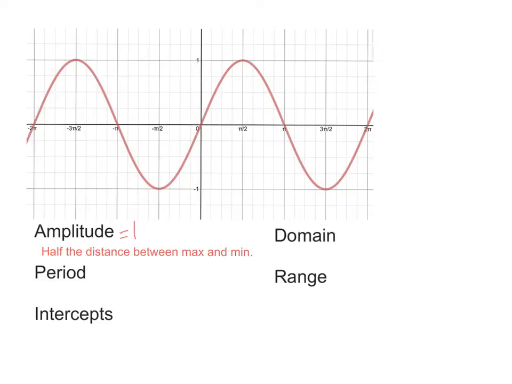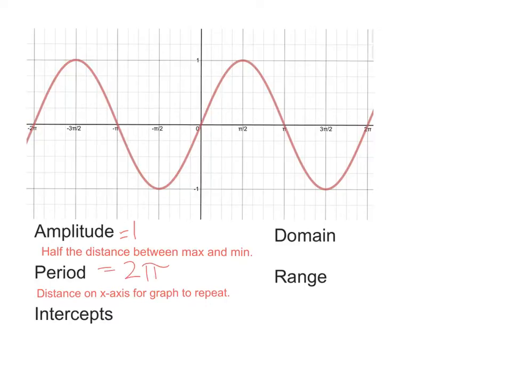The period is how far you travel on the theta or the x-axis before the graph repeats itself. For this particular graph, the period is 2 pi.